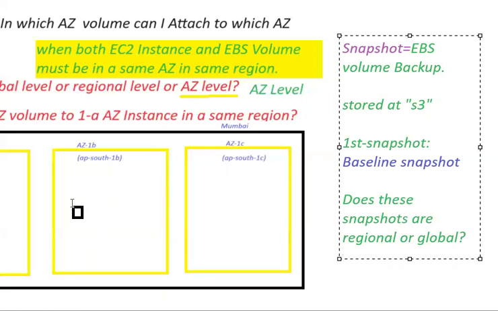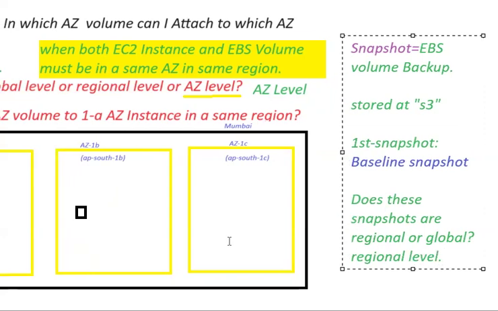The volumes are present at the availability zone level, and these snapshots are present at the regional level.